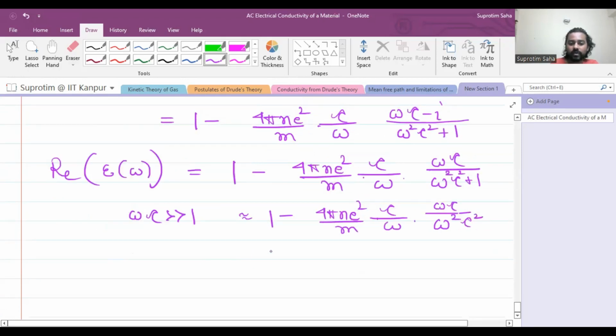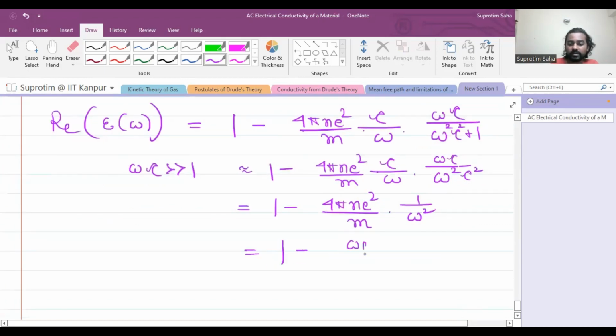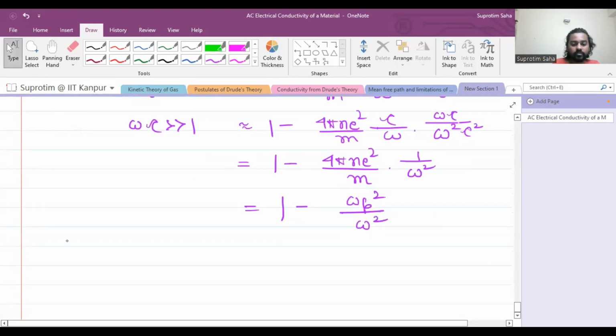This equals 1 minus 4 pi n e squared by m omega squared, denoted by omega p squared. So your omega p squared is 4 pi n e squared by m.